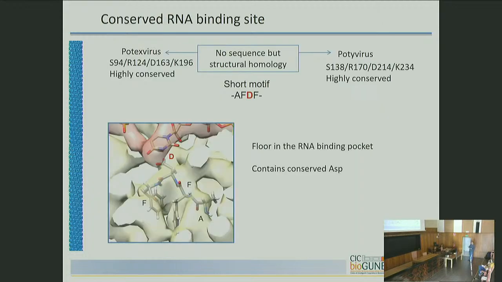Also, there is the aspartic acid that is conserved. It always has kind of a signature with hydrophobic residues that make the floor of the RNA binding pocket. So more or less they are organizing everything to put the aspartic acid in the proper orientation there.